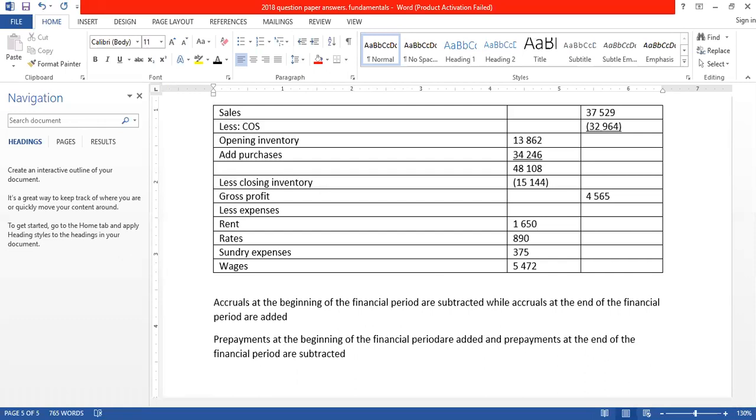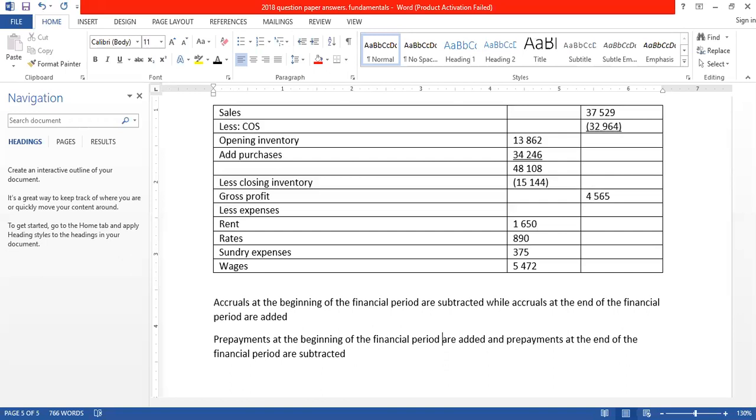Meaning that all accruals at the beginning of the financial period are subtracted, while accruals at the end of the financial period are added. While prepayments at the beginning of the financial period are added, and prepayments at the end of the financial period are subtracted.